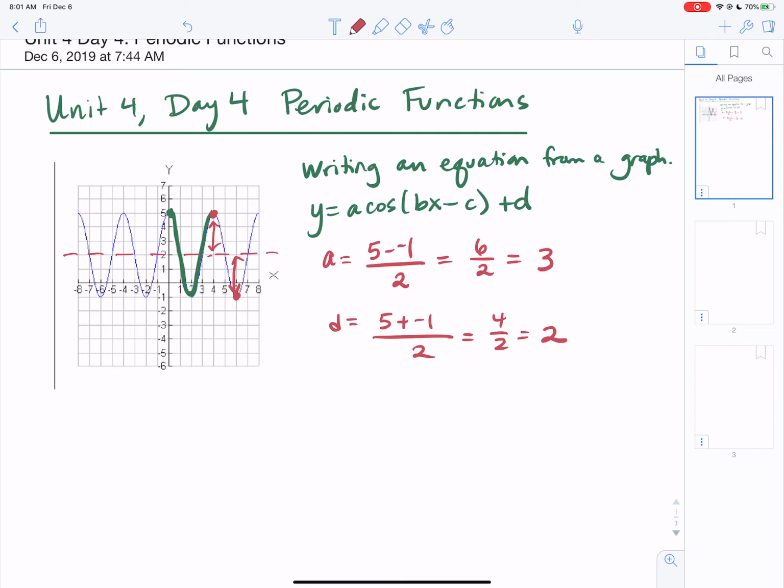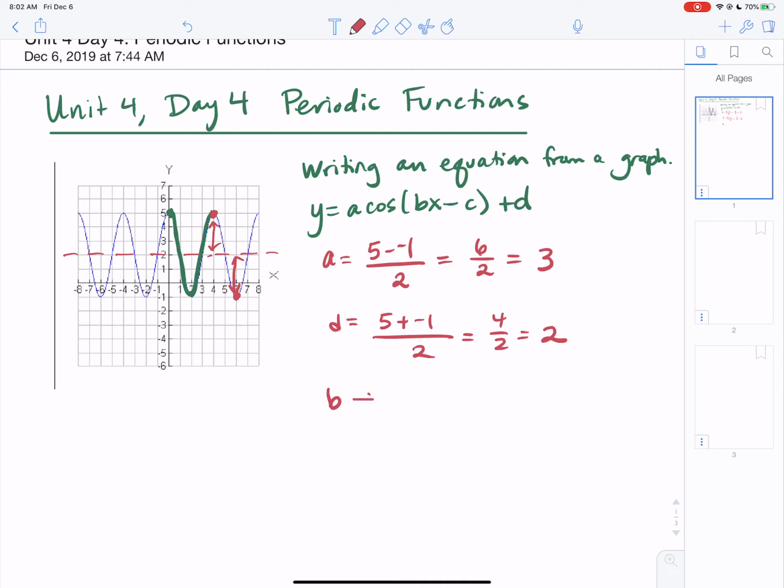All right, to get B and C, that comes from period and then the phase shift. So B, you cannot get directly. B comes from the period. So you need to figure out what the period is. So how far do you go along the x-axis to complete one full cycle?